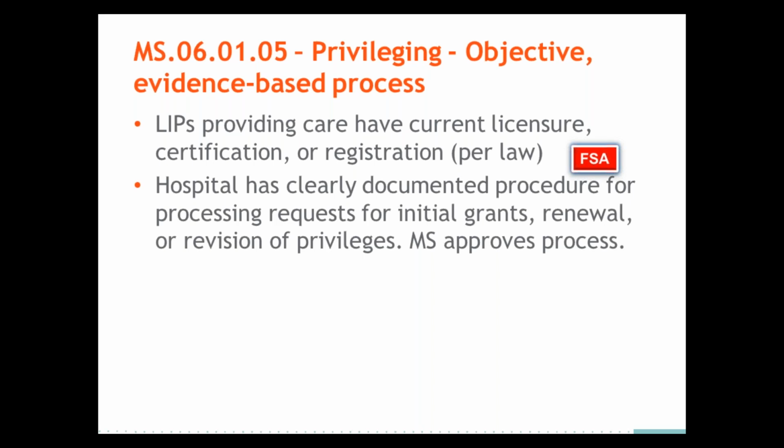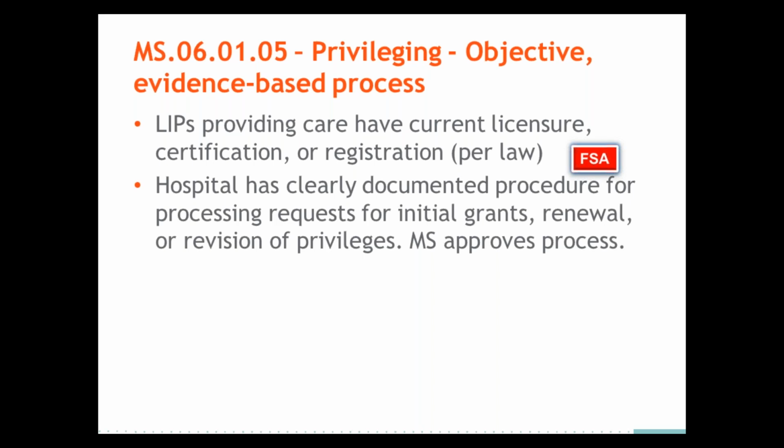There's a requirement that if anybody who is providing care has a current licensure, certification, or registration, their hospital has to have a clearly documented procedure for processing those requests for privileges, and that process is approved by the medical staff. Now, if you notice, some of the standards for the Joint Commission say the hospital has to do something.